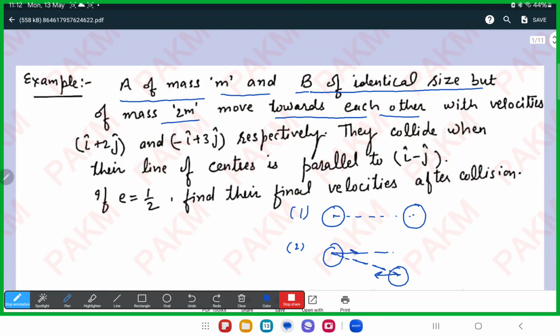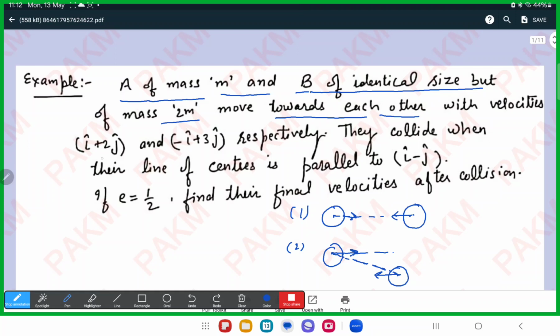This is the two orientation. Either they can move along the central line or not along the central line. So moving towards each other, these are the two cases possible.